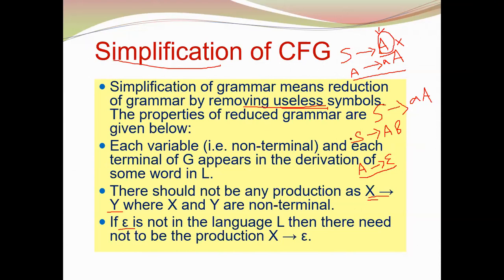In this I'm having two productions, S tends to AB and A tends to epsilon. I can substitute epsilon for the variable A wherever I can find the A. Here S tends to AB, so I can substitute the epsilon here. Epsilon means empty. For this place I can substitute epsilon.